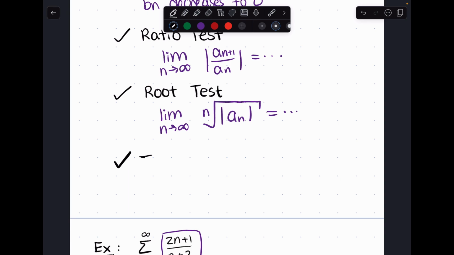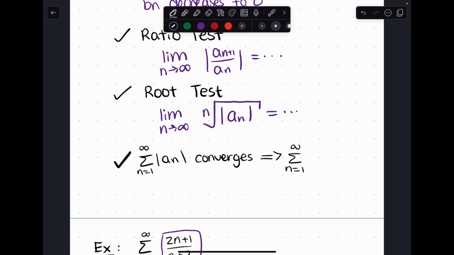So if you look at your series with absolute value over everything, if this converges, then that implies that your original series converges. And then the series a sub n is called absolutely convergent.